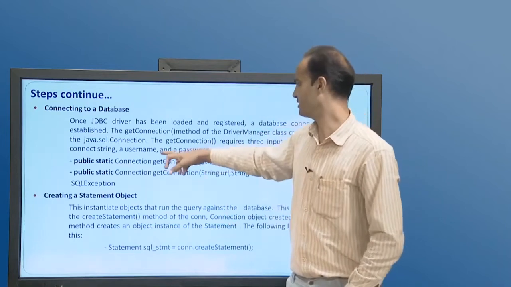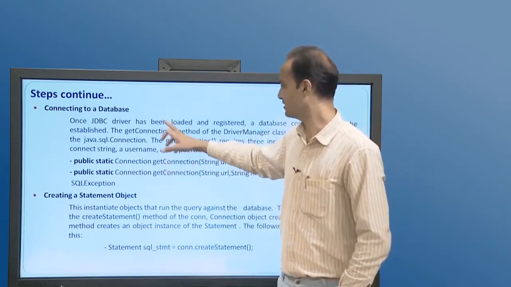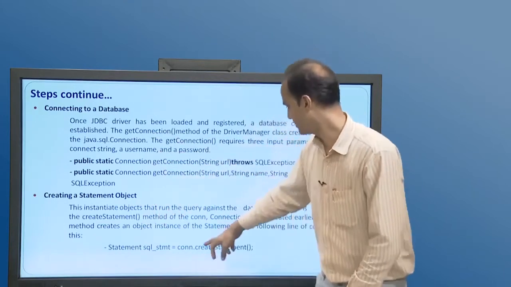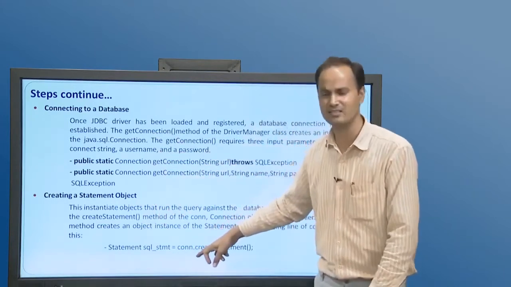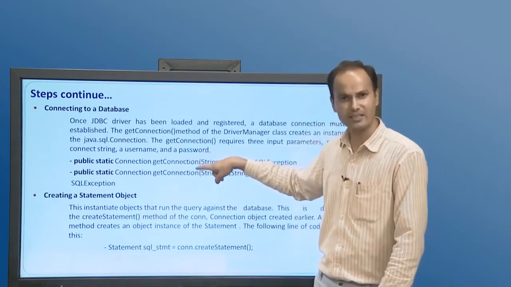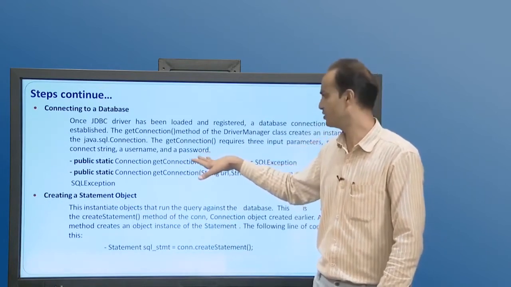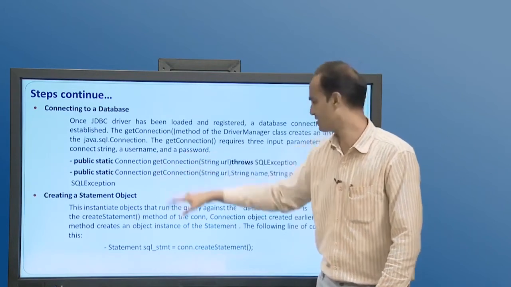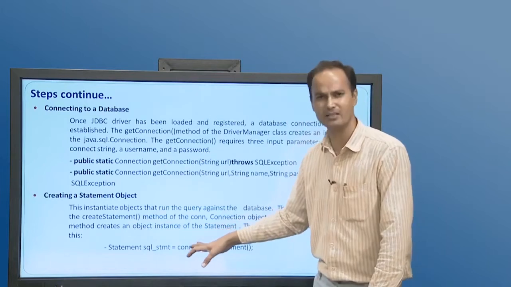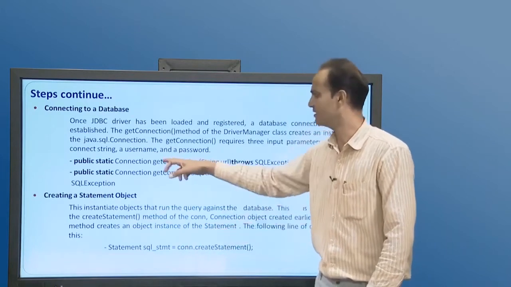Once the connection interface instance is there, we will create a statement object using the connection. See here, conn is the instance that has been returned from this getConnection method execution. Once this method executes, it returns the connection instance. Right now we have mentioned it as conn, but it is a connection instance.